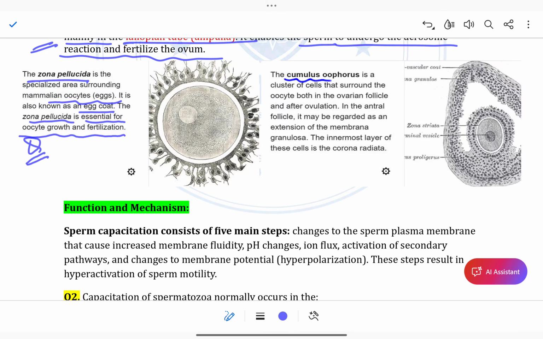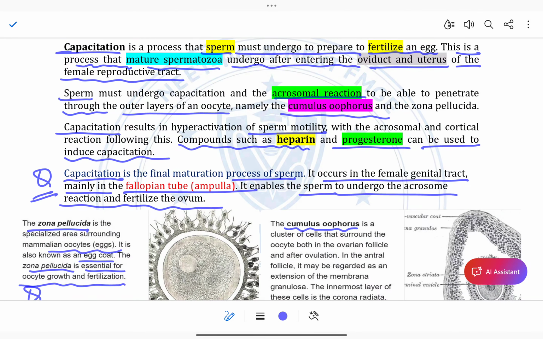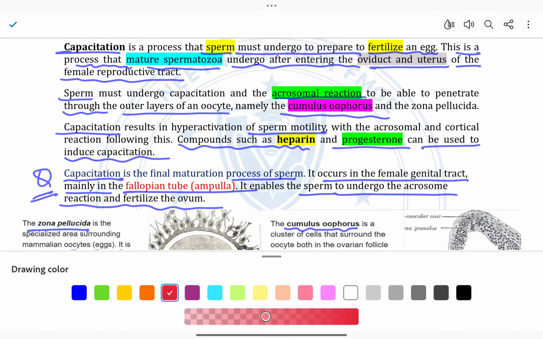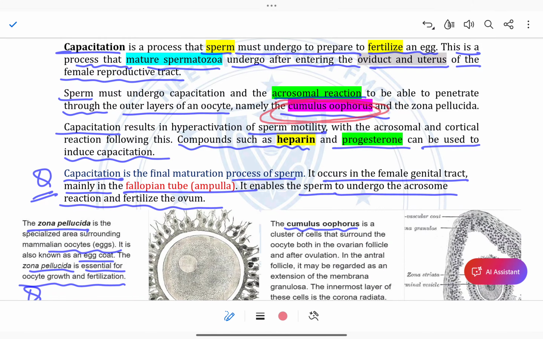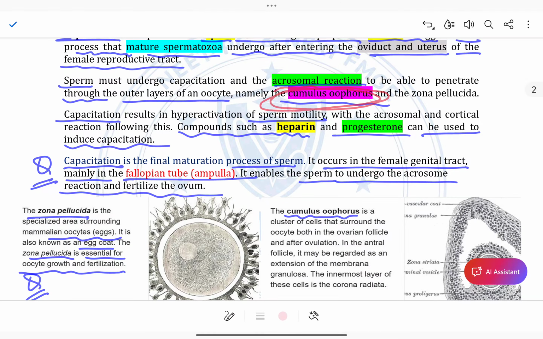What is the cumulus oophorus? Already mentioned in the explanation part. Here is the cumulus oophorus. So I will explain it. The cumulus oophorus is a cluster of cells that surround the oocyte both in the ovarian follicles and after ovulation.